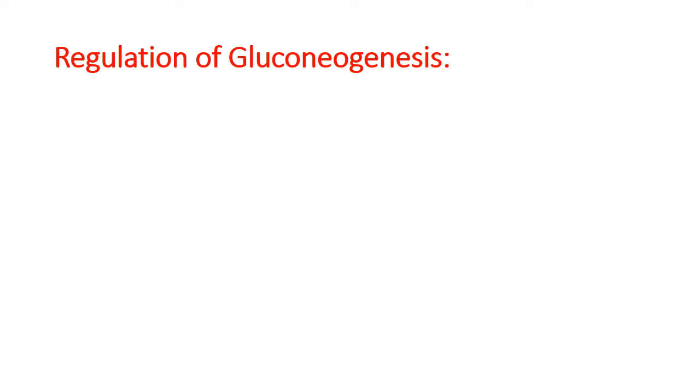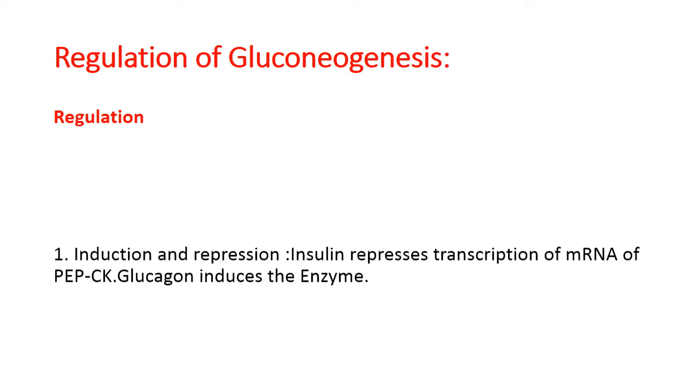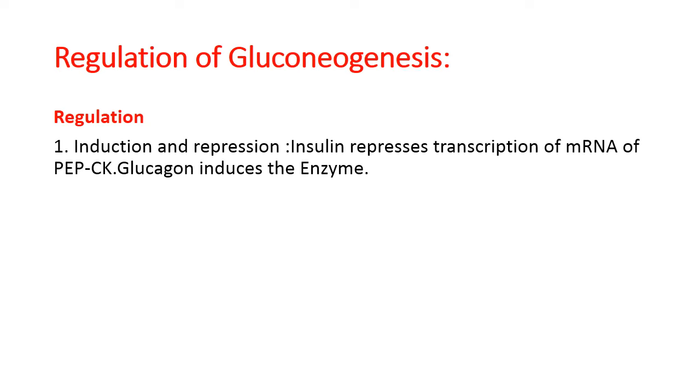Now, a very important part: regulation of gluconeogenesis. Like every metabolic pathway, gluconeogenesis has long-term regulation as well as short-term regulation. Long-term regulation is by induction and repression of the enzyme. As we know, insulin inhibits gluconeogenesis.